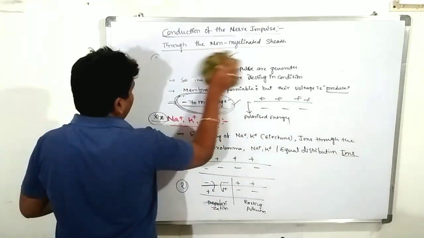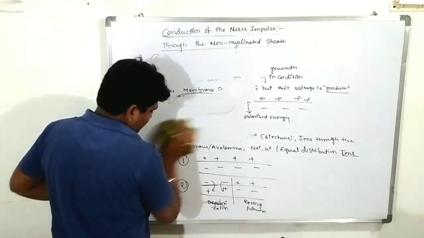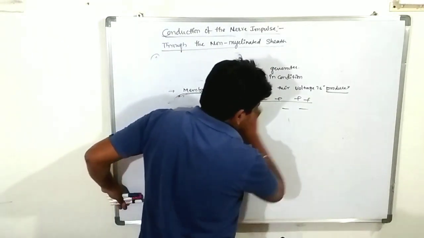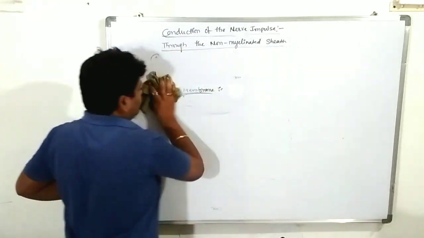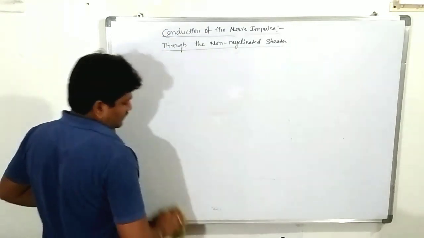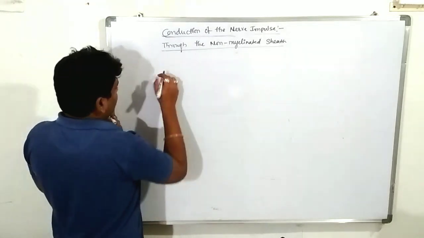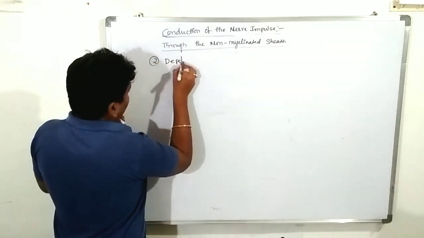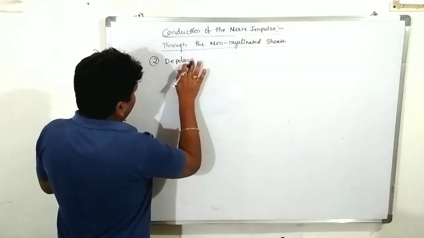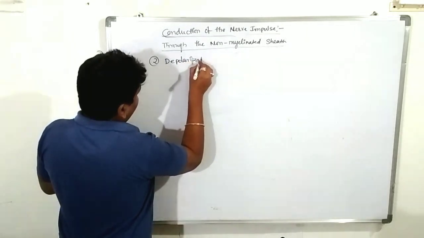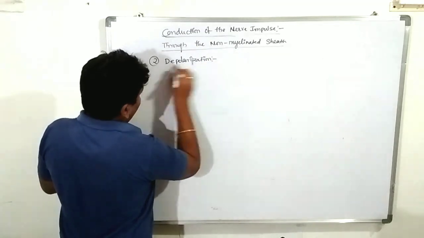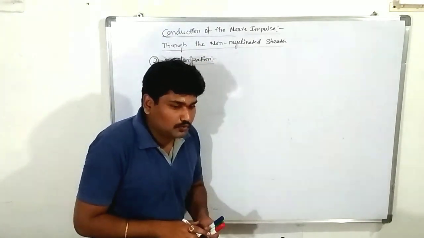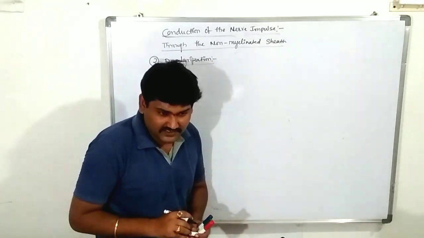The second one is depolarization. Polarization means the two polars contain different types of charges.